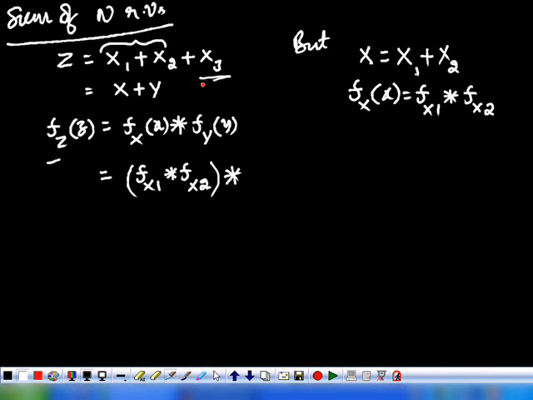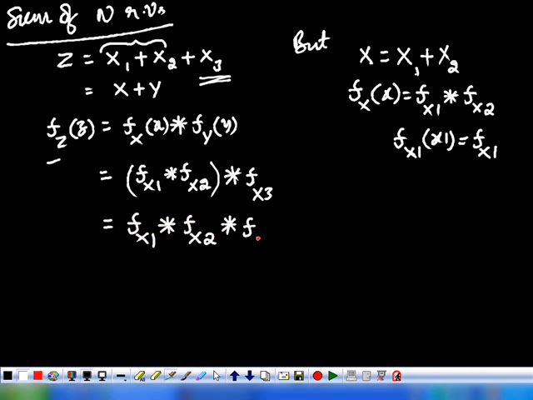Fy of y is equivalent to fx3. Here for simplicity I write fx1 of x1 simply as fx1, and similarly fx2 of x2 as fx2. I removed those brackets, so many brackets are there. So now I can change this to fx1 convolution with fx2 convolution with fx3. Convolution is associative. This is for three random variables.